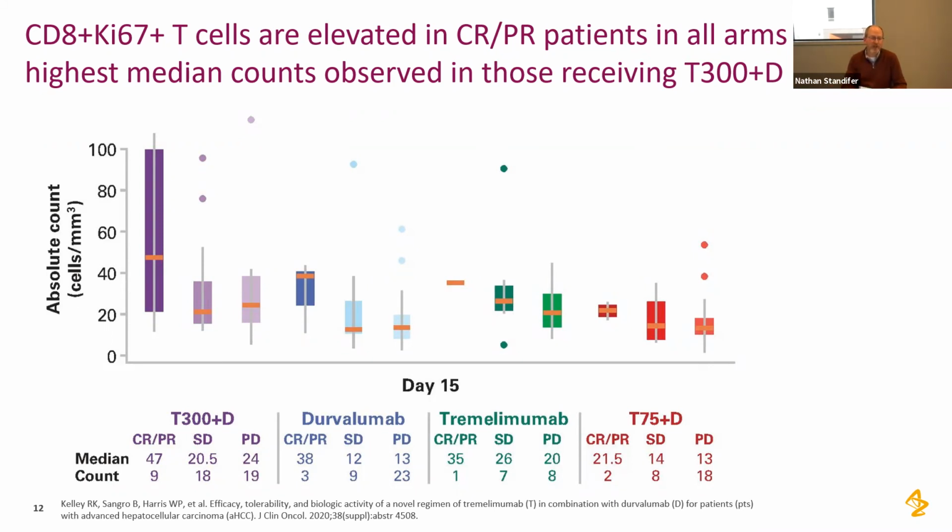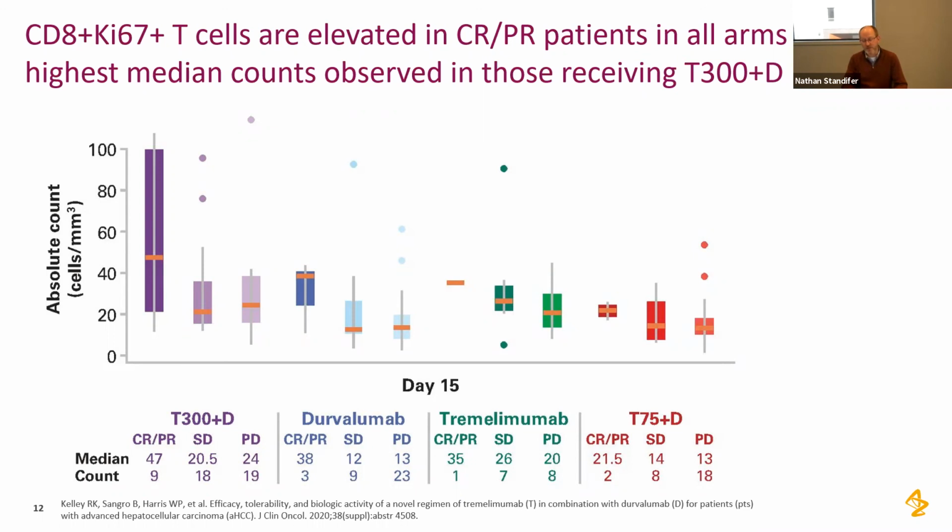In addition, the highest median CD8 positive Ki67 positive T cell counts were observed in patients receiving T300 plus D, and that's shown in the purple boxes in this figure. Thus, these findings link clinical responsiveness to combined checkpoint blockade with an acute T cell expansion.